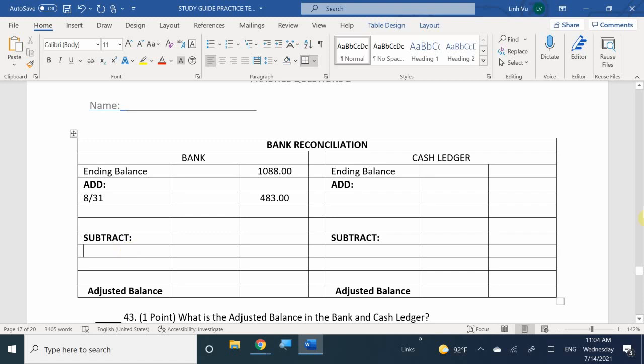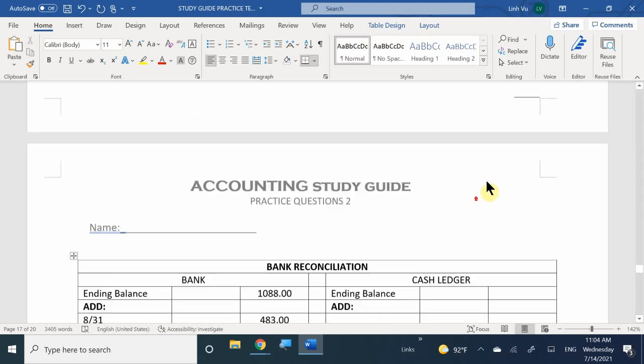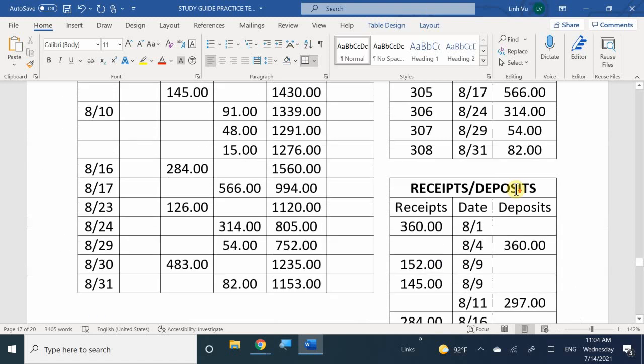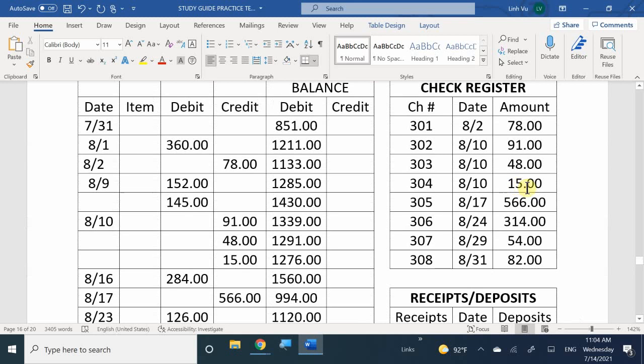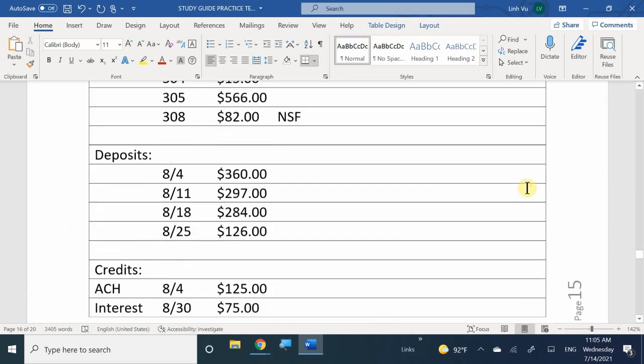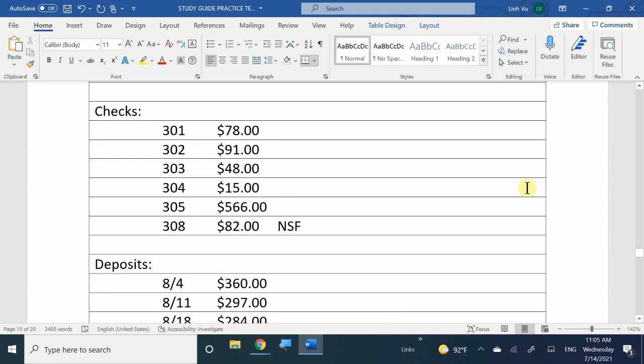So let's take a look at my check register to see how many checks I've written in grand total and then compare it to my bank statement. So here I wrote check number 301, 302, 303, 304, 305, 306, 307, 308. Now let's take a look at my bank statement.